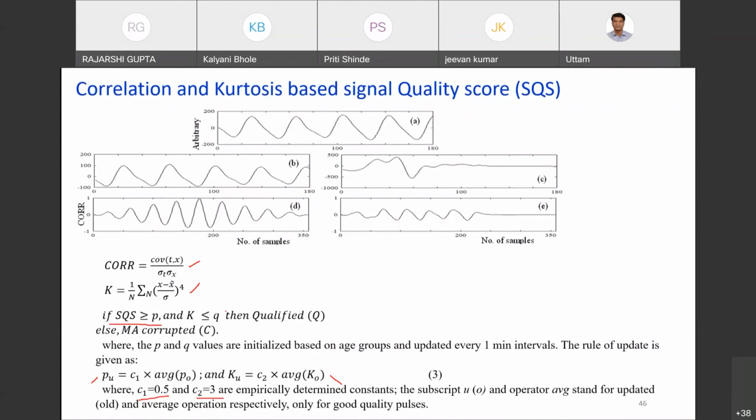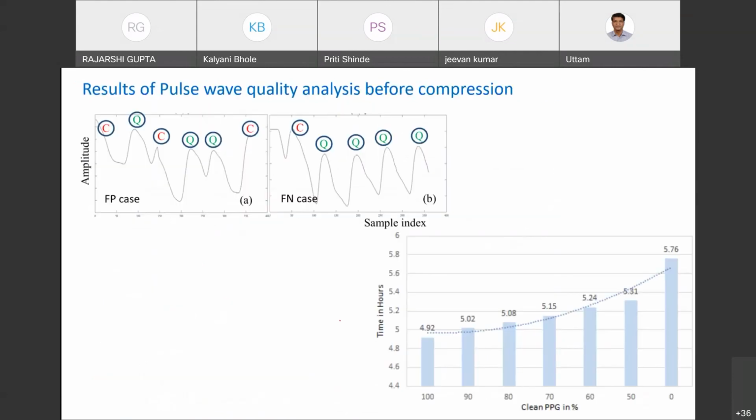Based on this, we took some limiting values of P and Q, like this P and Q we chose, and based on that threshold, we could make a simple binary classifier based on this SQS, correlation and kurtosis.